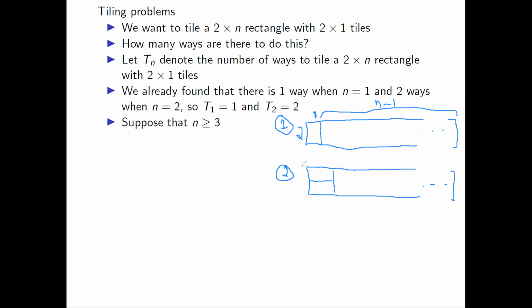Now in case 2, if we have 2 horizontal tiles on the left, they're each 1 by 2, which means that the remaining rectangle is a 2 by n minus 2 rectangle. Because we had a 2 by n, we removed this 2 by 2 square on the left, which leaves us with a 2 by n minus 2 rectangle.